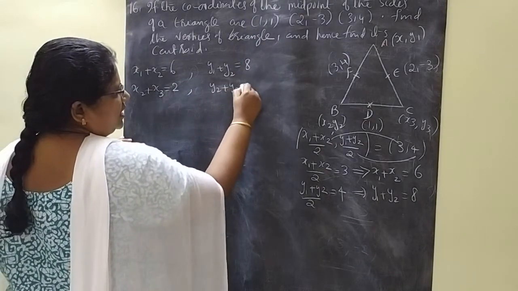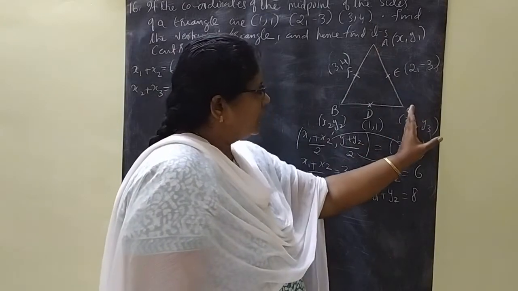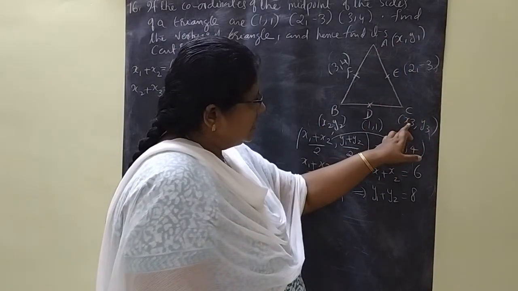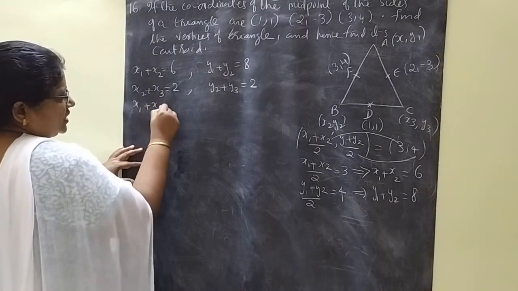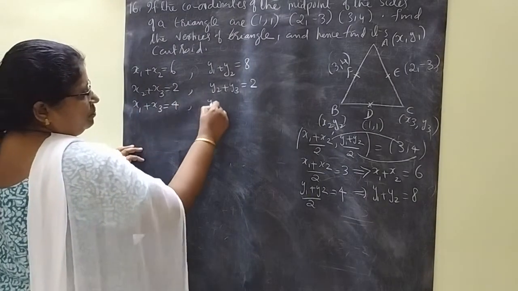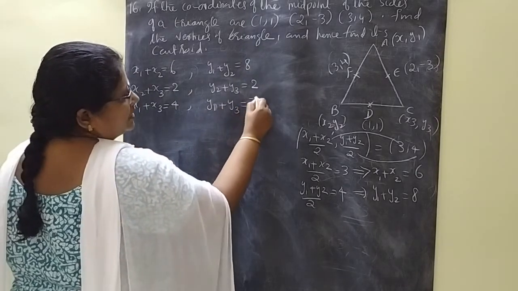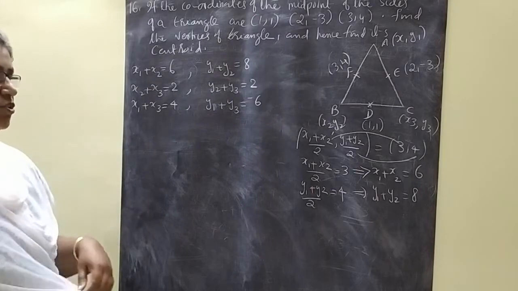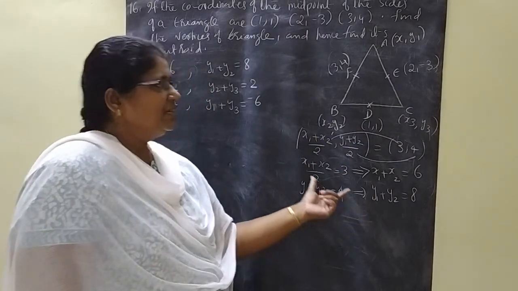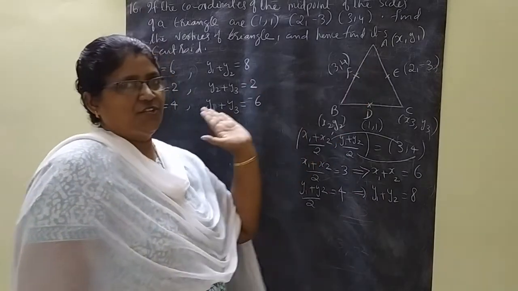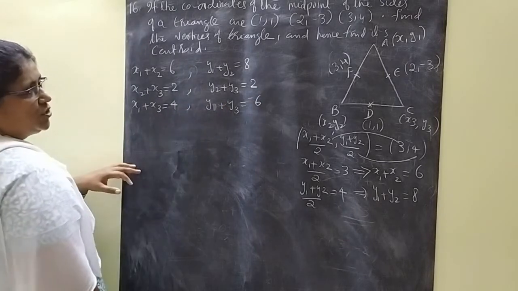Now, if we consider this part, x1 plus x3 we will get 4 and y1 plus y3 we will get minus 6. Understood? So one step we did, and by using that we can write all the sides. Like that, you got the 6 equations.